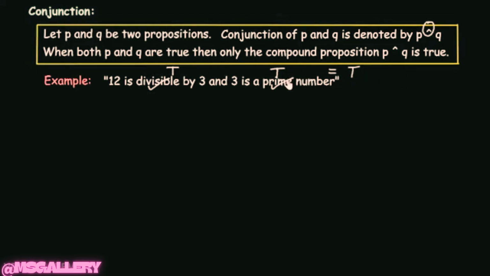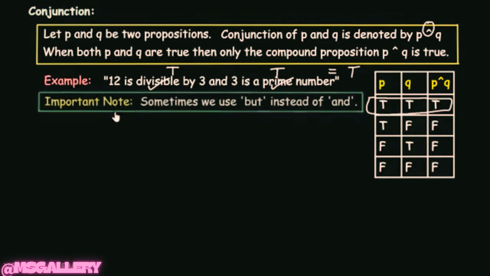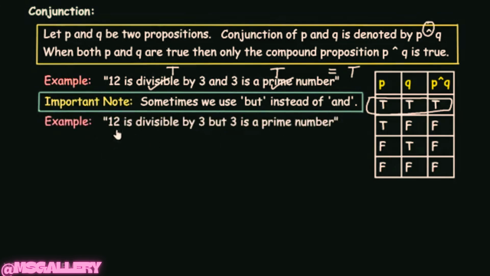For the sake of reference, I am providing the truth table here. This is the case that we are considering over here in this example. True and true equals true, okay? Please note down one important point. Sometimes we use "but" instead of "and". Like for example, 12 is divisible by 3, but 3 is a prime number.